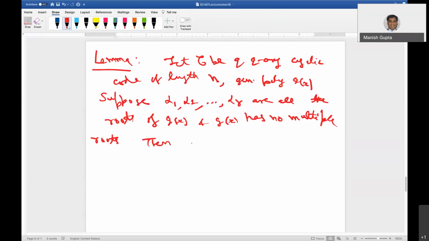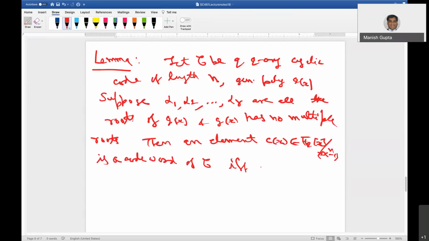Then an element c of x belonging to F_q[x] modulo x raised to the power n minus 1, that is R_n, is a codeword of C if and only if c of alpha i is equal to 0 for every i. This is the important result.